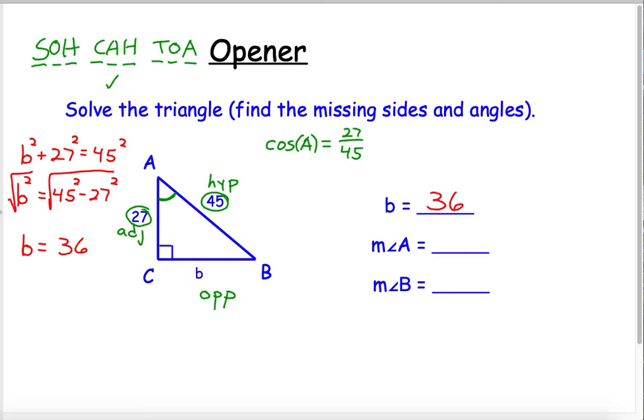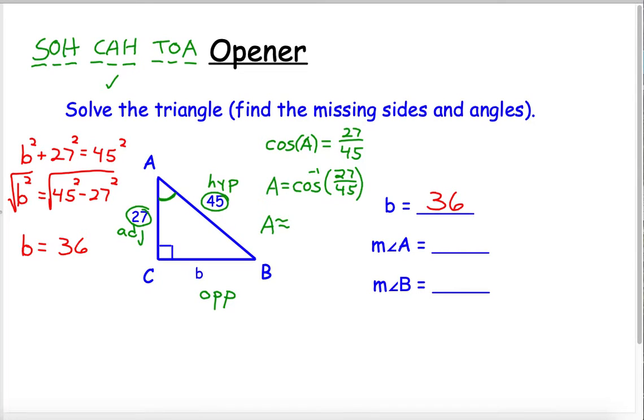Now, the cosine of angle A is 27 over 45. We need to find just angle A. As we've talked about, to undo the cosine function, we're going to do the inverse cosine function on the other side, on your fraction, 27 over 45. And so we're going to need a calculator.